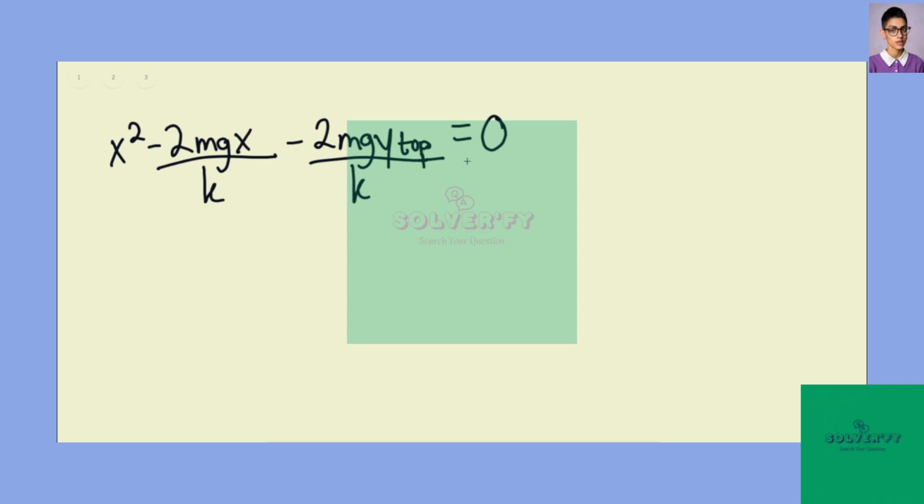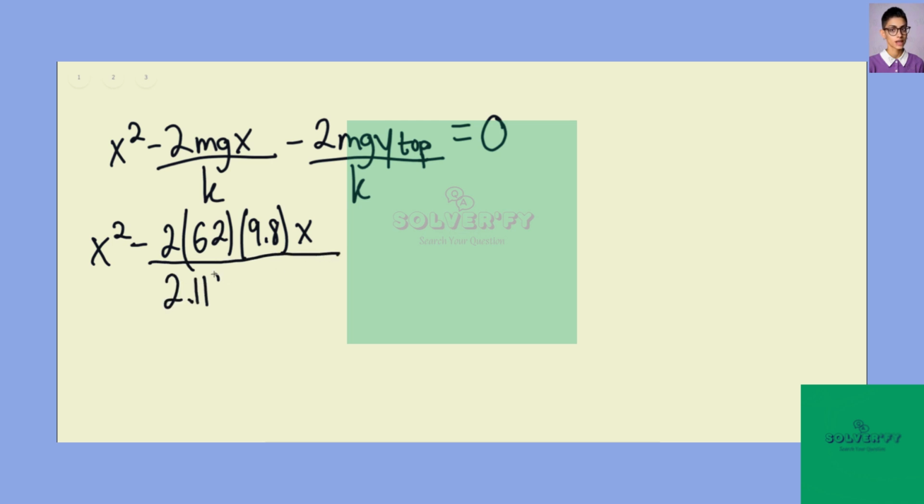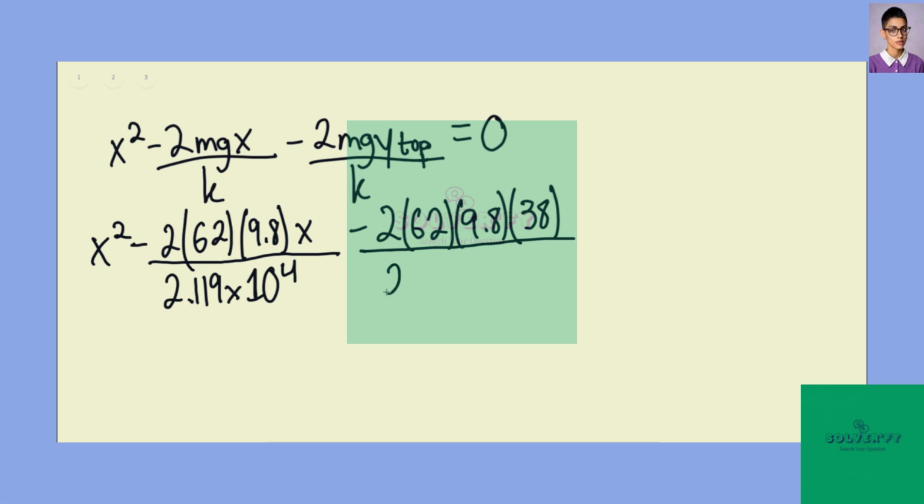This is a quadratic equation, so we can simply say x squared minus 2 times 62 times 9.8 times x divided by 2.119 times 10 to the 4th, and then this will be minus 2 times 62 times 9.8 times 38 meters divided by, again, 2.119 times 10 to the 4th newtons per meter.